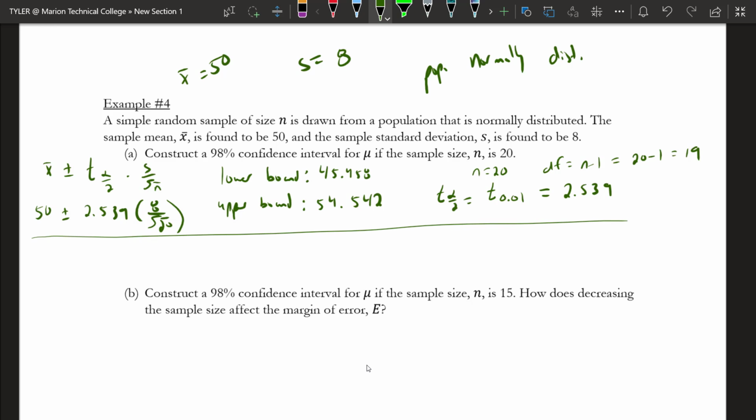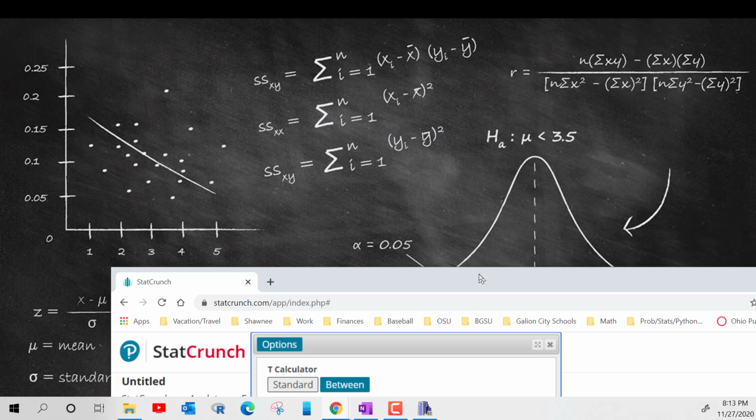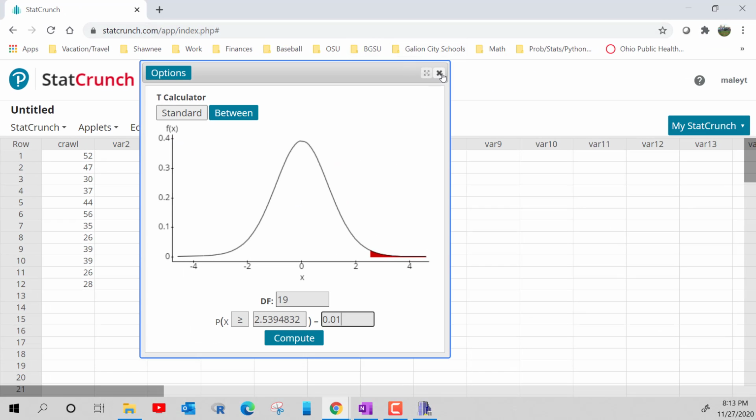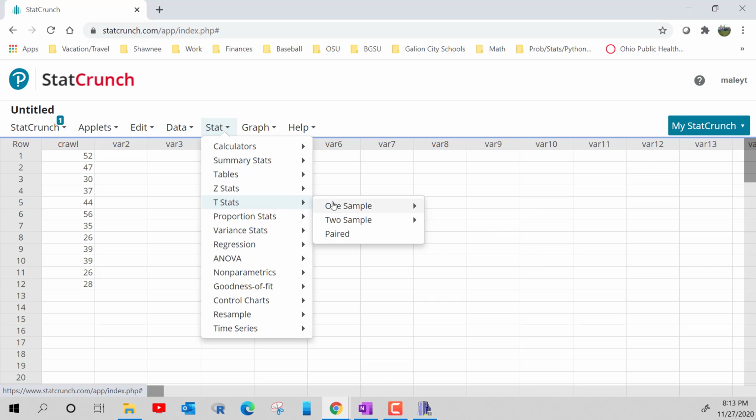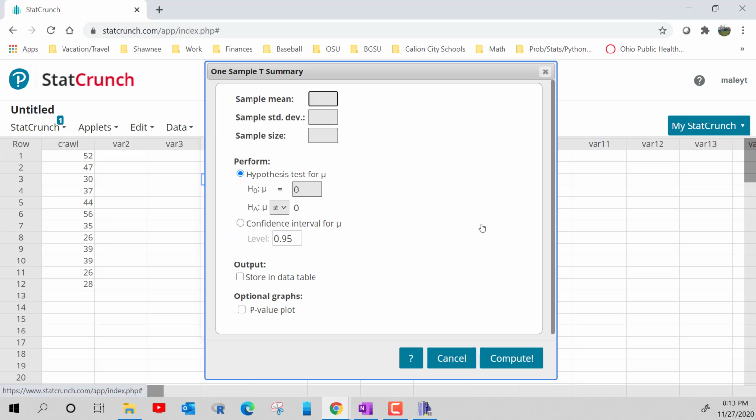So now what I'd like to show you is how to find this using StatCrunch. Right, so using StatCrunch, you're going to go to Stat, and then T-Stats, and then one sample, and then we're going to go with Summary because we don't have the data. We have a summary.